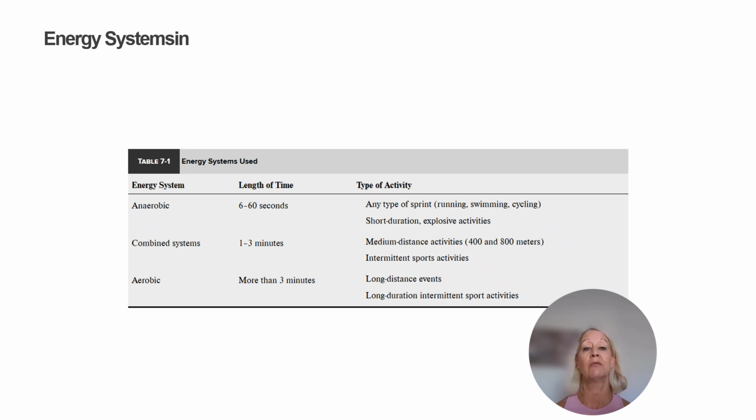It's more of your moderate length, high intensity efforts that combine both the anaerobic and aerobic systems, like your 400 and 800 meter races, or intermittent sports like soccer, basketball, or tennis, where there's some stop and start in between. And that overlap phase taps into the stored energy at first and then transitions to aerobic as oxygen demand increases.